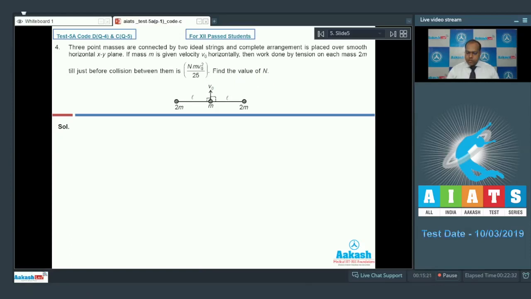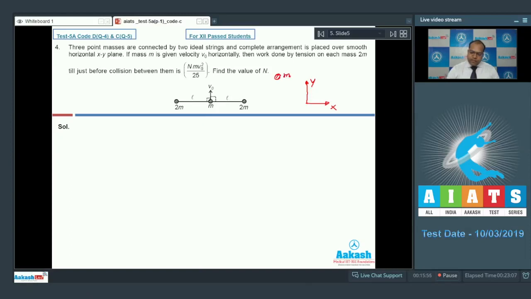So in the given question, I am considering this x direction and this is my y direction in the horizontal plane. So if I draw the positions of the 3 point masses just before collision, then the situation is like this.